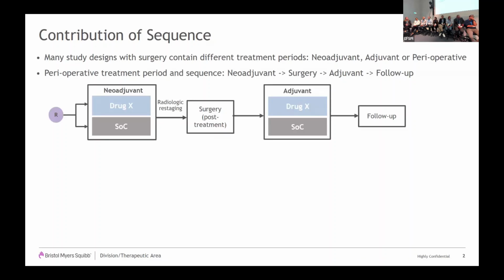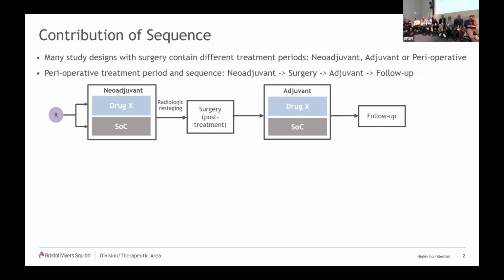So here is the diagram for the perioperative treatment setting. Patients come to the trial and are randomized to either the experimental arm or the control arm. Firstly, they will be treated with a certain number of cycles, and this period we call neoadjuvant.